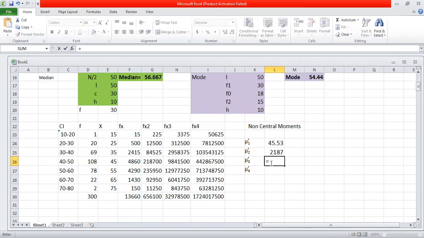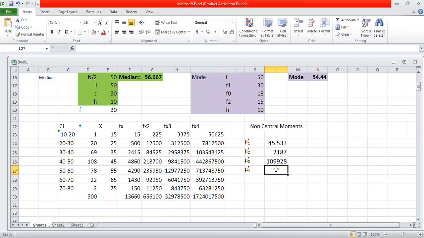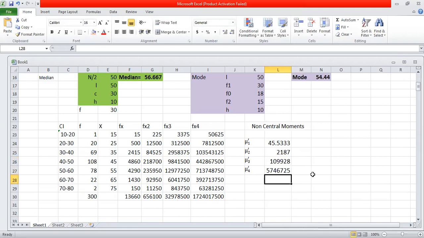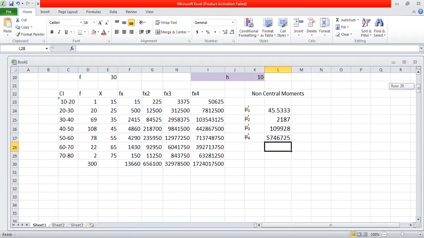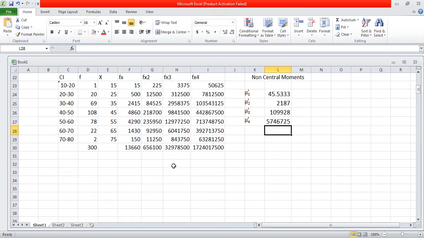Next, mu3 dash, that is 1 by n summation fi xi cube, this value divided by n value. Next to mu4 dash, this value divided by n value. So we got 4 non-central moments. By using these 4 non-central moments, now we are going to find out the central moments. So first, we'll find the central moments.